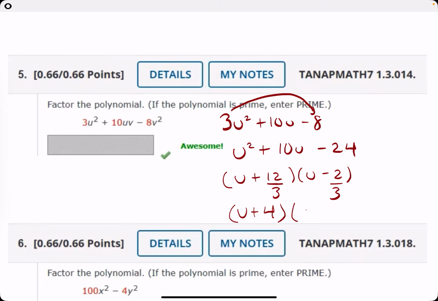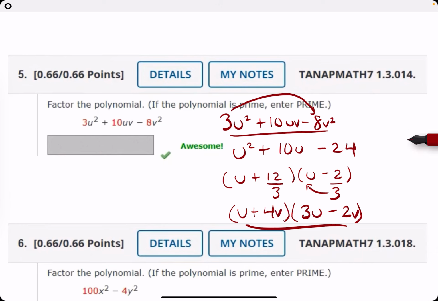If it does not divide nicely, go ahead and rewrite it as 3u minus 2. So throw that 3 in front of the u. So this would produce this. But now if we just introduce the v's back in, we're going to multiply v's on the end here.